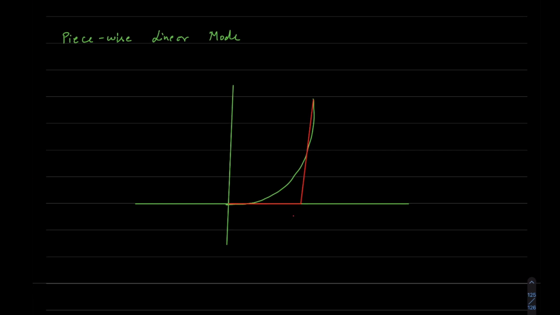So let's say this is 0.7 volts, and this will be 0.8 volt. This will be 15 milliampere. This is current. This is V.